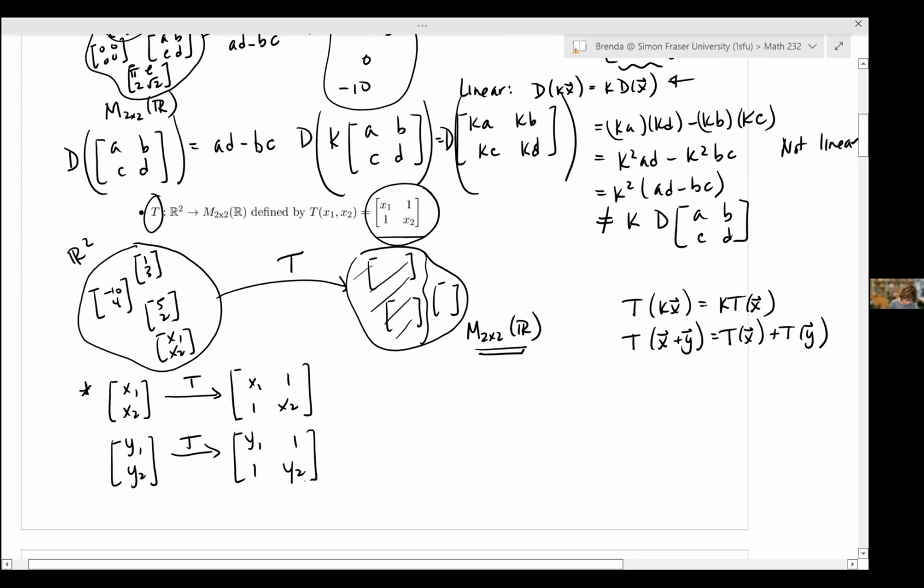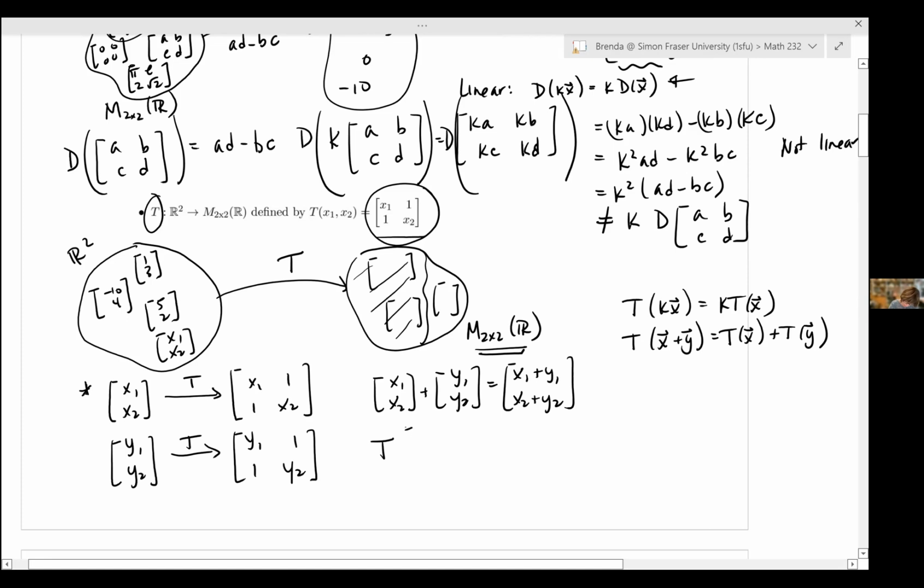All right, so let us now add together the two inputs, x1, x2 plus y1, y2. That gives me x1 plus y1, x2 plus y2. Okay, I've added together the two inputs. Now I'm going to apply the transformation to the sum of the two inputs.